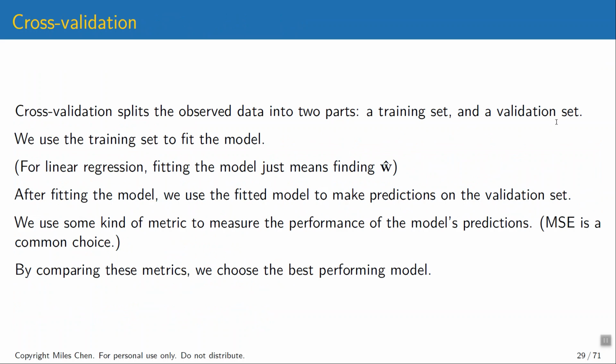The validation set was not used during training, so the parameters we estimate in training have no idea what exists in it. We ask how well these predict the validation values, using some metric to measure performance. Often we use mean squared error; there are other ones you can use. Then we compare these metrics to choose the best performing model.